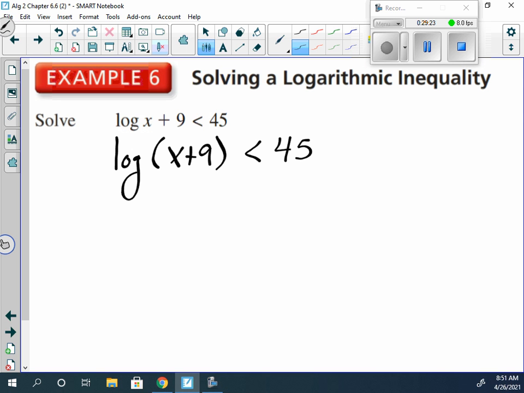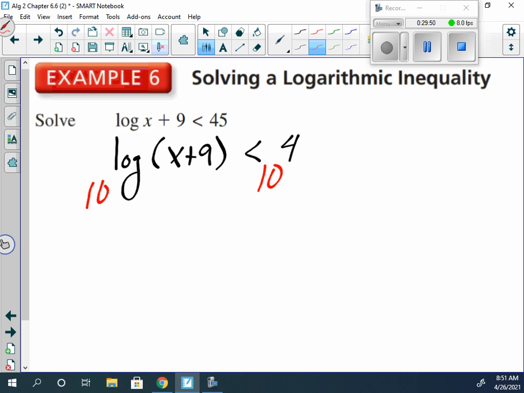Let's say, okay. I want to do it this way with those parentheses around it. I wanted to change it from 45 so we don't have 10 to the 45th. It's a little bit smaller, a little bit nicer to look at. So the x plus 9, it's all inside the parentheses. So here we don't have to move anything or do anything with it.